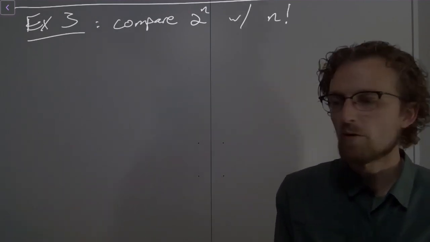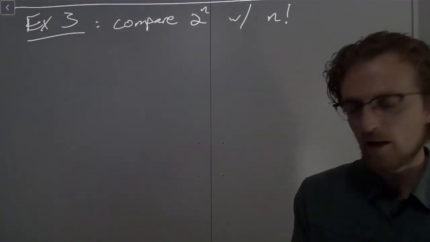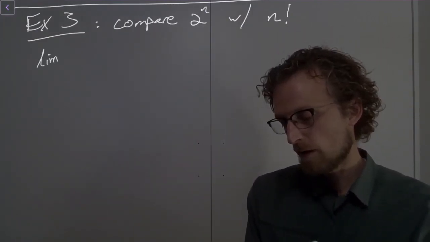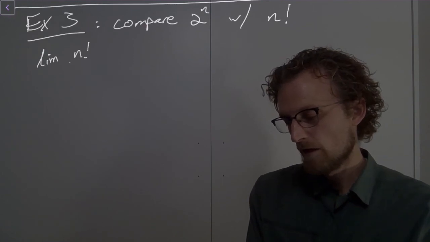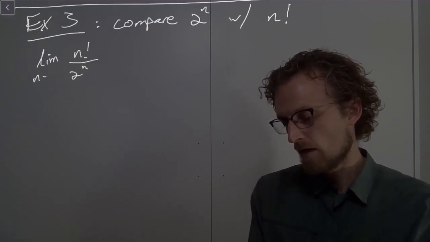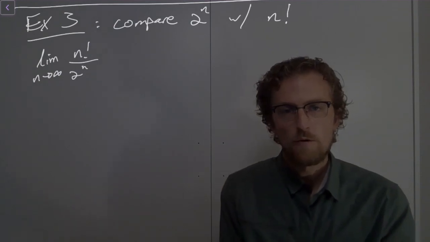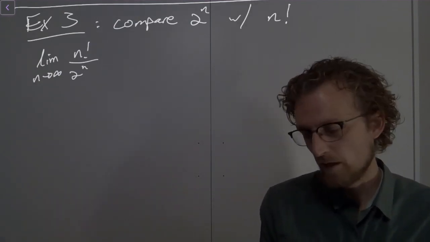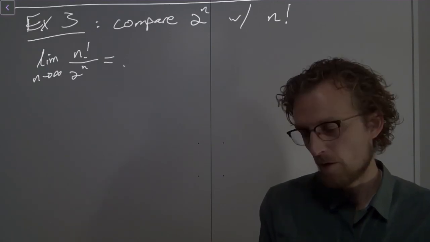To be consistent with my notes, I just want to make sure that I have the right thing on the top and the bottom. So here's how I'm going to do this. I'm going to compare the limit of n factorial divided by 2 to the n as n approaches infinity. So this is the situation where Stirling's formula comes in handy, right? This is what Stirling's formula was made for.